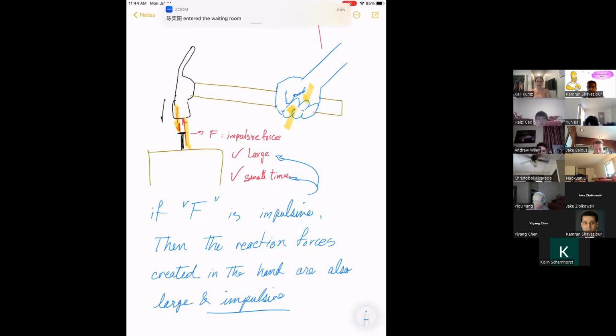Which means you cannot ignore those forces, okay? You have to consider them when you analyze the impact.